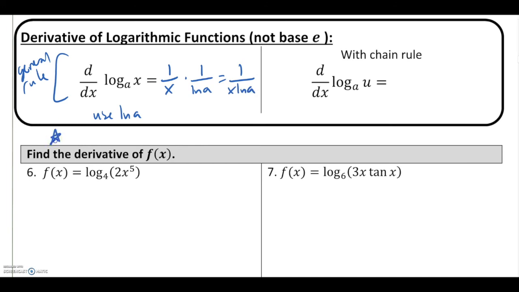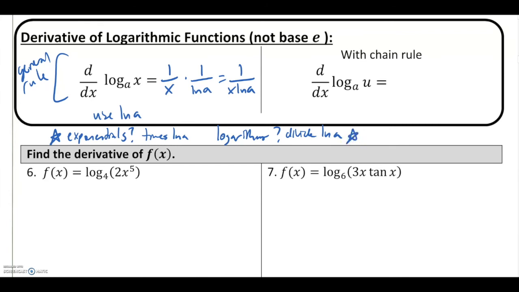So the only big difference is, with exponentials, it's times natural log of a. With logarithms, it's divide by natural log of a.